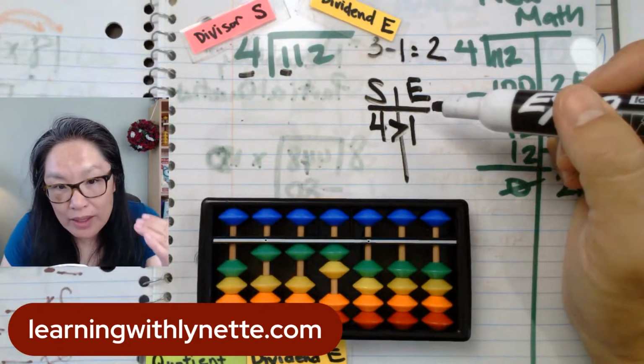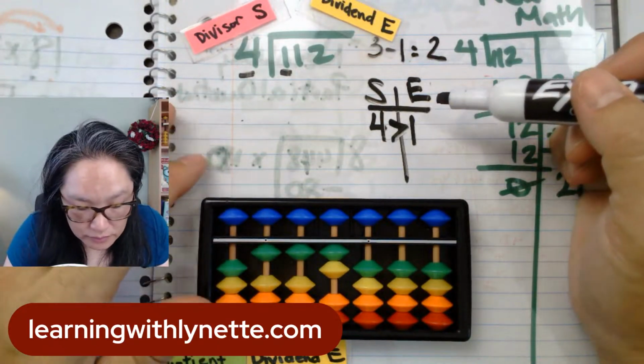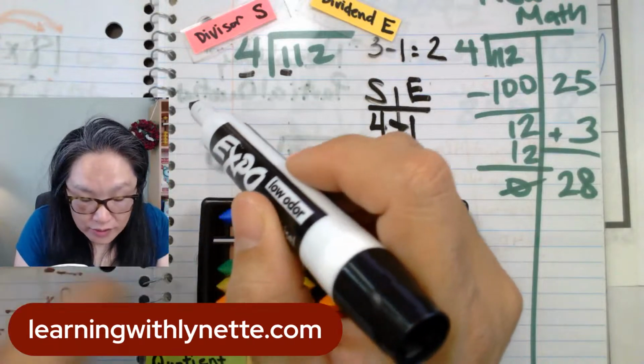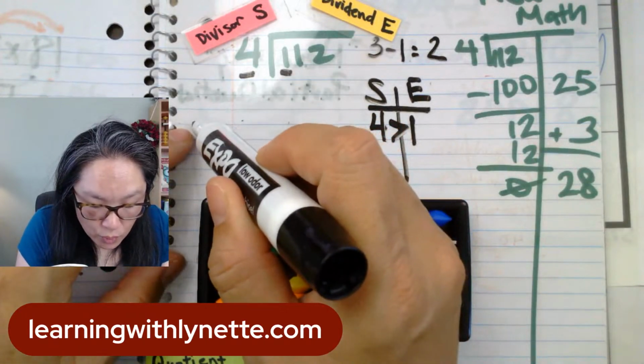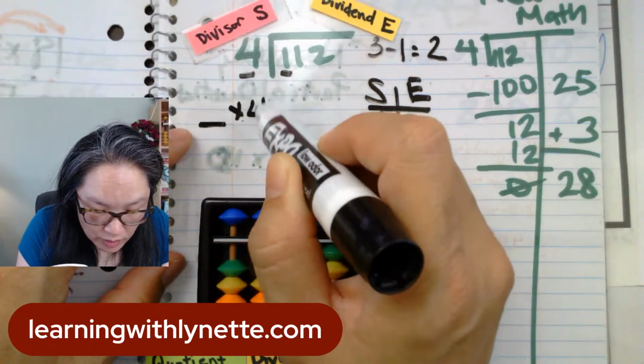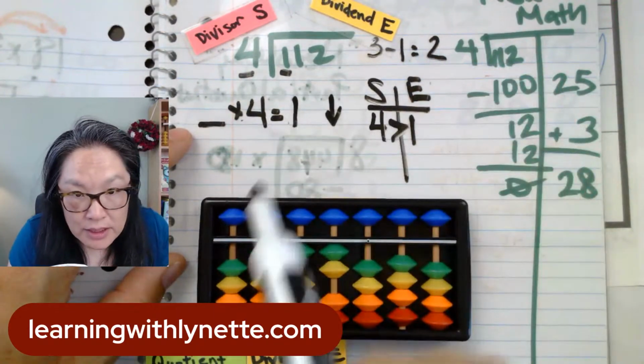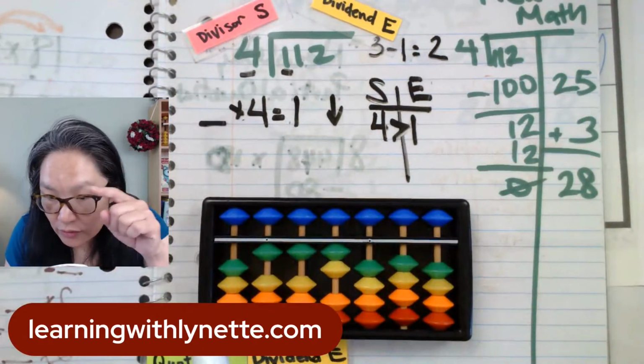So now I'm going to set up my question, which is going to be multiplication. What times 4 is equal to 1 or less? That doesn't work. 4 is bigger.